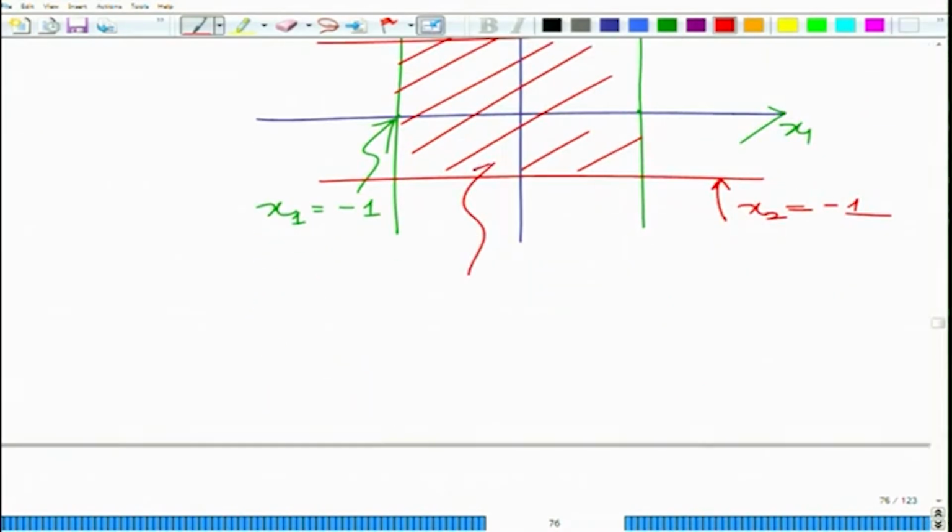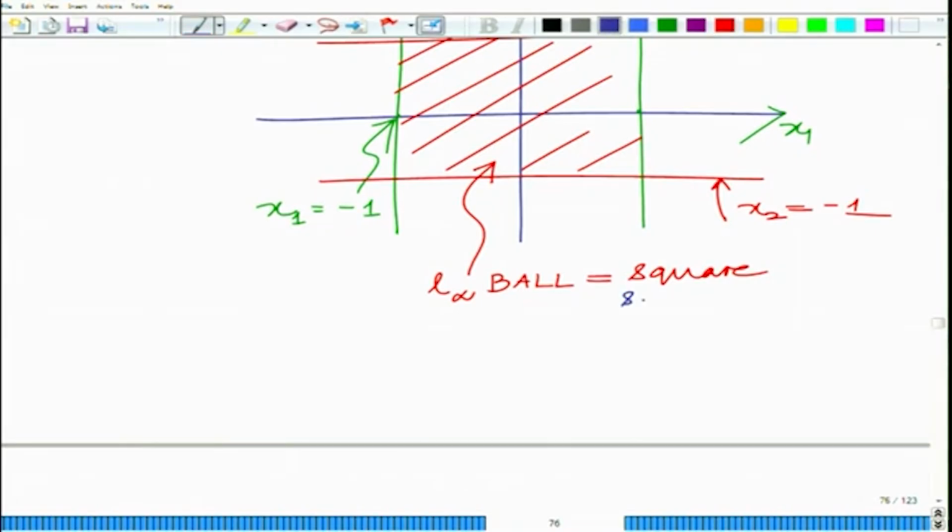That is, the square is the L infinity ball. So, L infinity ball equals square, with sides that are parallel to the axes.